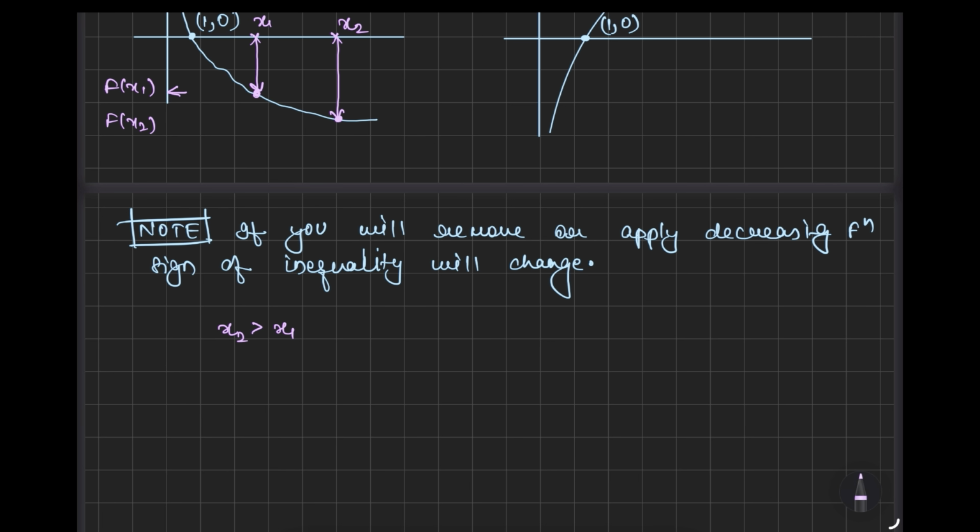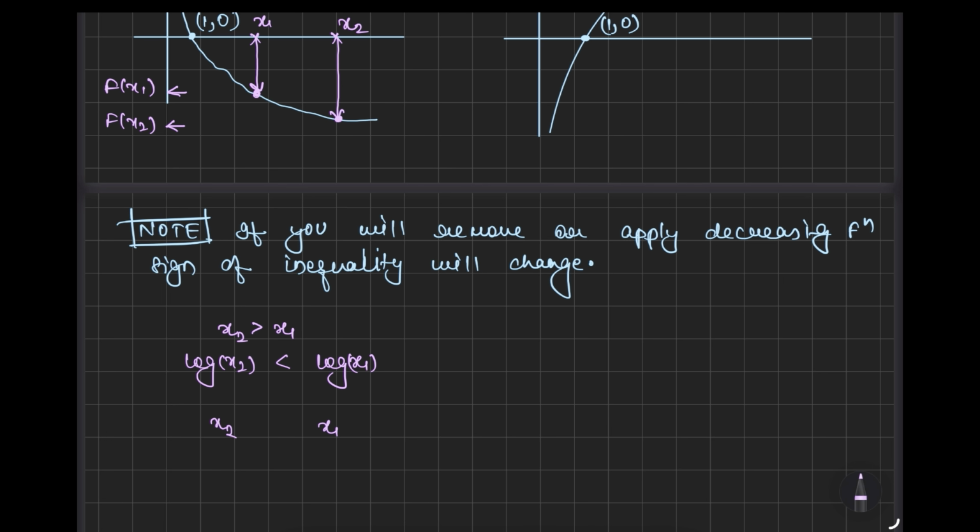But if you apply log on both sides, so log of x2, log of x1. Now look at this. You know that f of x1 is greater. So the sign of inequality will change because f of x1 is bigger. Okay, so if you are at this stage, now you have to remove the log, so you will be writing x2 and you will be writing x1.